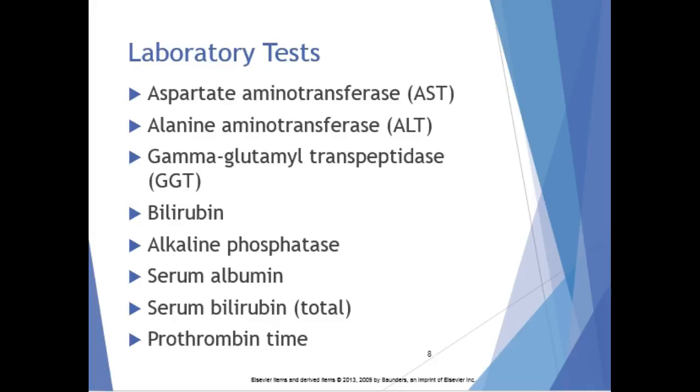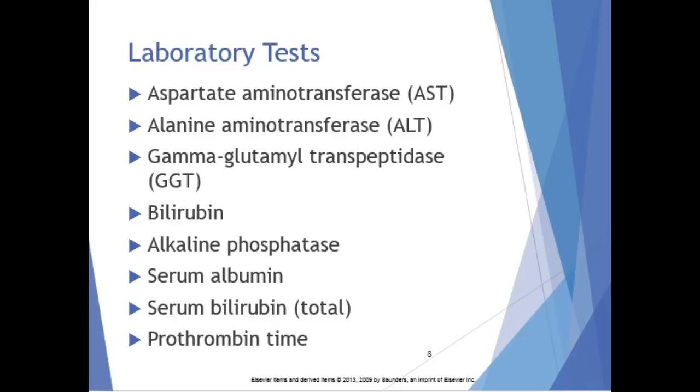Looking at liver function tests, AST is elevated in the prodromal phase and could go up to 20 times the normal range, and you'll see this start to decrease as jaundice subsides. The ALT is elevated in the prodromal phase, and that also then decreases as jaundice subsides.